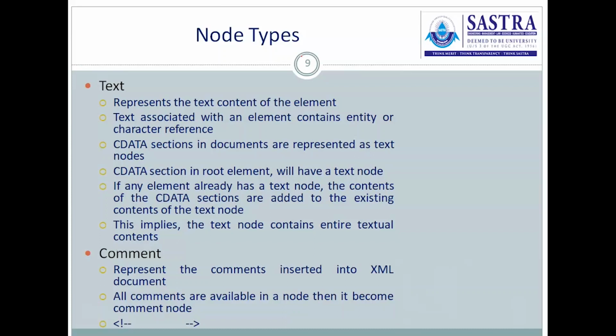It is created whenever we give any comments, and it is inserted into the node tree. Wherever we require, we can extract those comments. XML comments take the form of an exclamation symbol, hyphen hyphen, and finally hyphen hyphen greater than symbol.